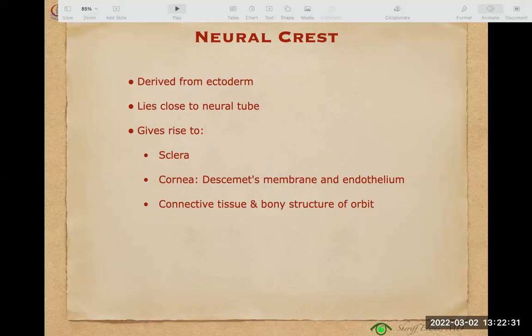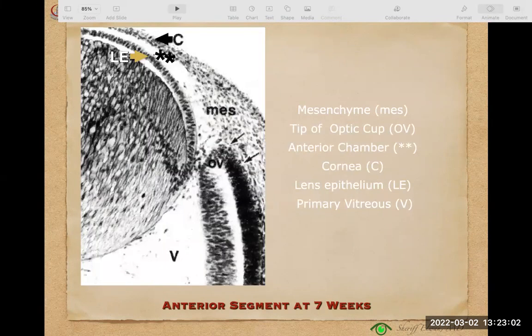There develops close to the neural tube the neural crest, which gives rise to the sclera outside of all the structures derived from the vesicle, together with the cornea, but only parts of the cornea, which are the back parts, the Descemet's membrane and the endothelium. And as you'll see, the rest of the cornea is developed from the mesoderm and the ectoderm, and the connective tissue and bony structures of the orbit.